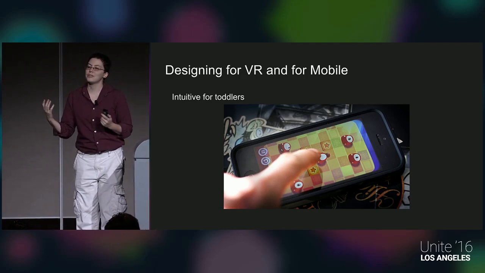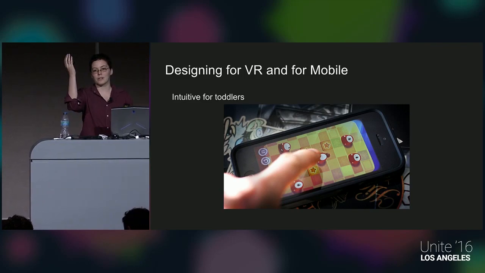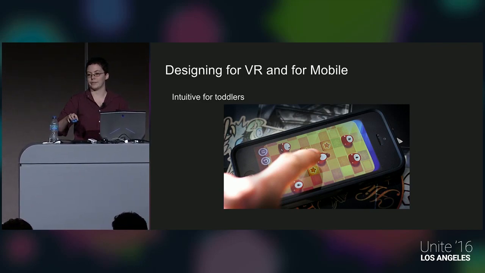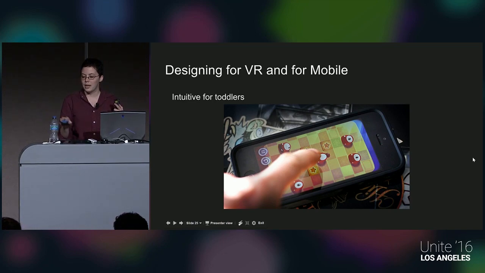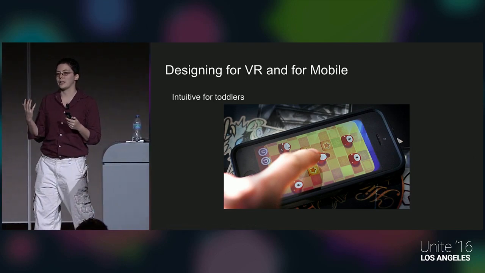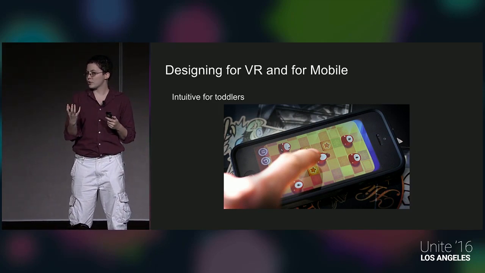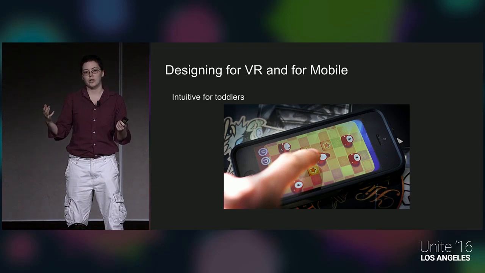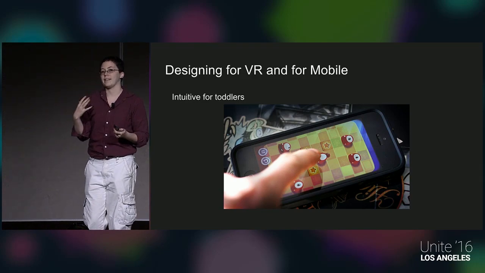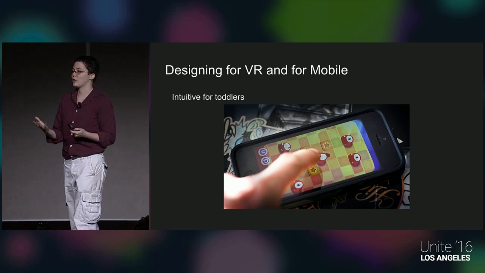When you're using a mouse, you're holding this physical object and you're moving it around on a flat surface, and then you see on the screen the mouse cursor move, and you need to be able to make that connection. Me moving this is causing this effect. You don't need to make that connection with a touch screen because the thing you're touching is the thing giving you the feedback. So if you have something on the screen and you touch it and it explodes, you know that you caused that. That was a direct feedback to your action.